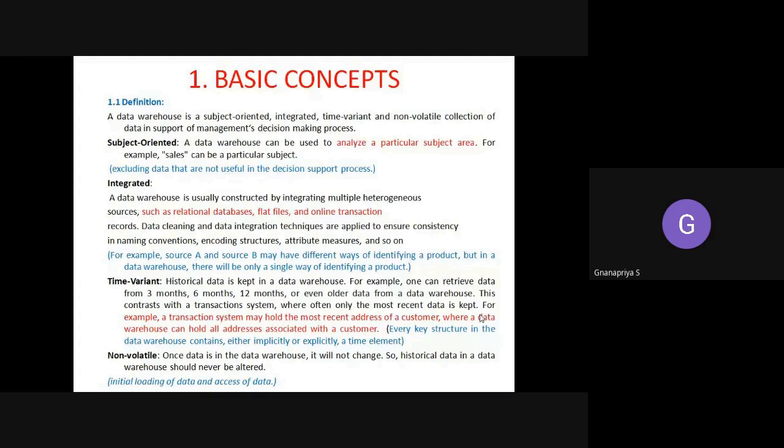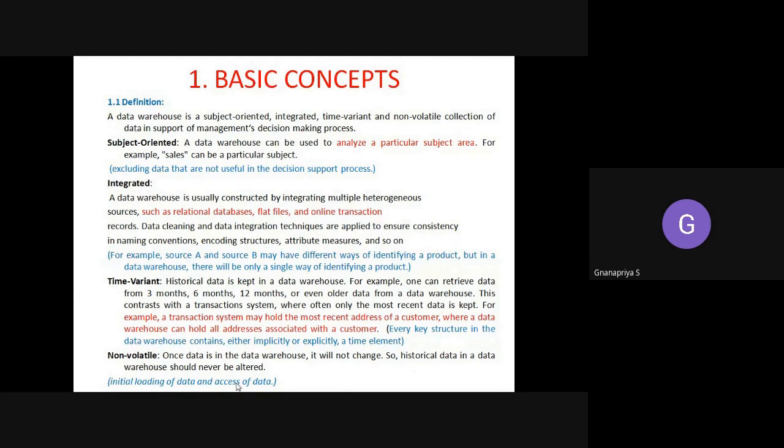Whereas in a database, once the address has been updated, only the present address will persist and the updation will be permanently lost. Since the warehouse is non-volatile, the historic data will also be maintained. And the warehouse permits us to do only two operations. We can load data and we can access data. More than that, we cannot do anything with the warehouse.